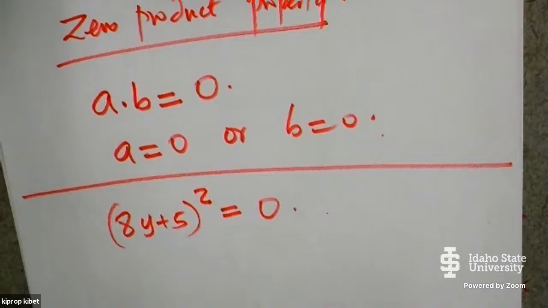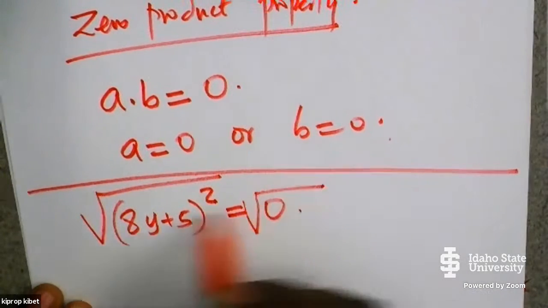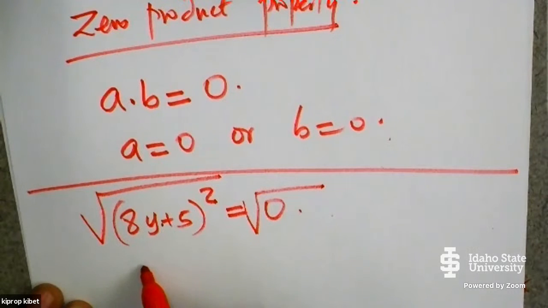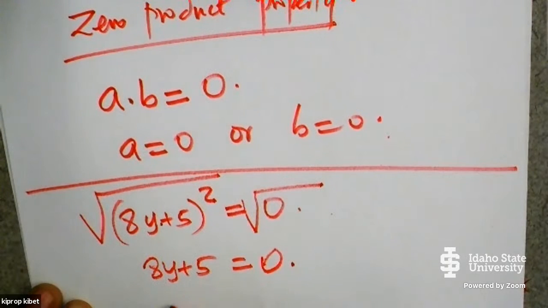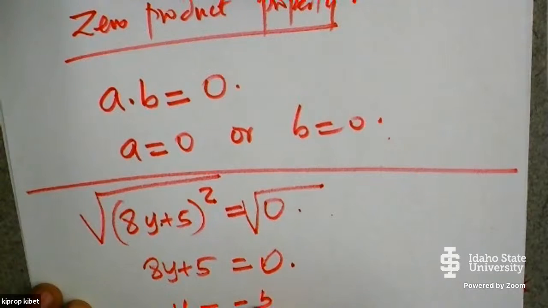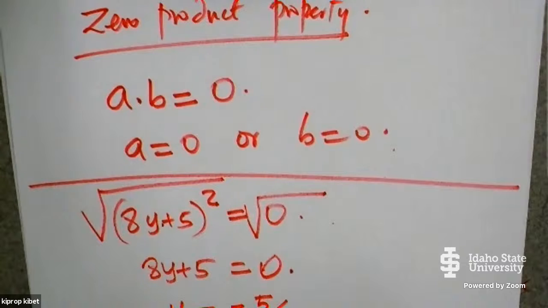Actually, you get the square root of this and the square root of that. So when you get the square root of here, it will be 8y plus 5, and the square root of 0 is 0. So y will be equal to minus 5 over 8.